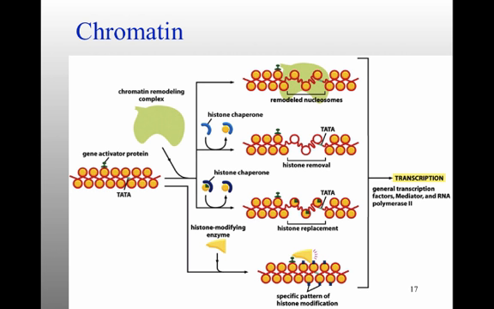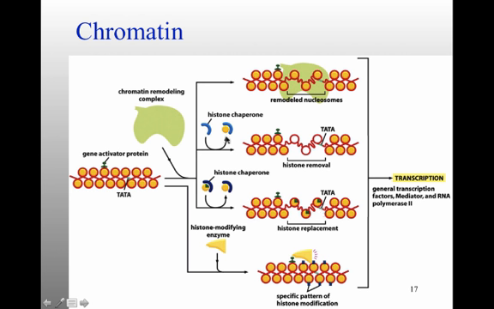Chromatin remodeling complexes, of course, require ATP in order to move nucleosomes around, which you have here, and often once these nucleosomes have been moved around, histone chaperones will either completely remove the histones, allowing access to the TATA box, or put in some of these alternative histones into the nucleosome, again, opening up this TATA box appropriately.